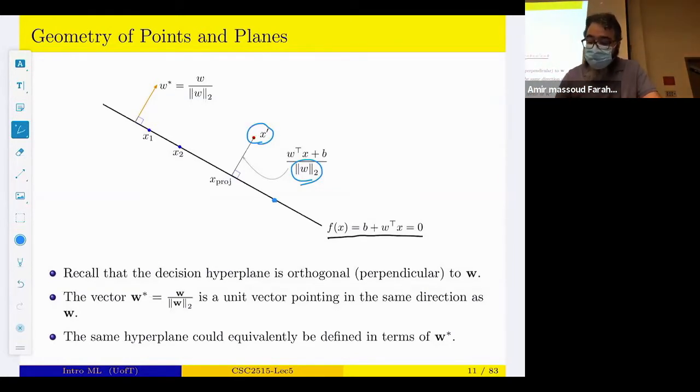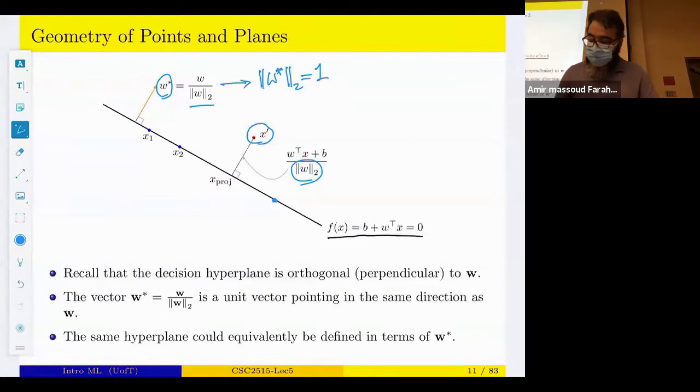And the other thing that is maybe important is that here we have some vector w star, which is a vector defined by normalizing the vector w. So this would be a vector computed as w divided by the norm of w. As a result, the property of it is that its L2 norm is equal to 1.